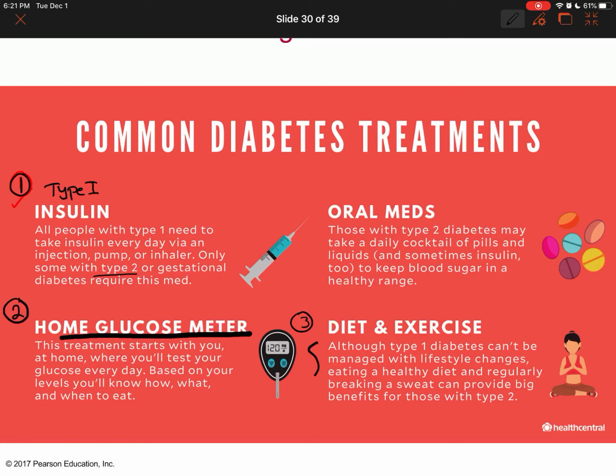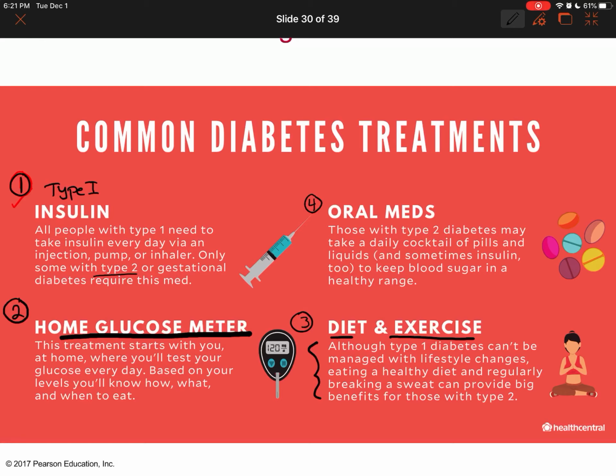Healthy diet and regularly exercising helps with both types. But since type 2 diabetes is more of a lifestyle linked disease, diet and exercise is critical in managing type 2 diabetes.